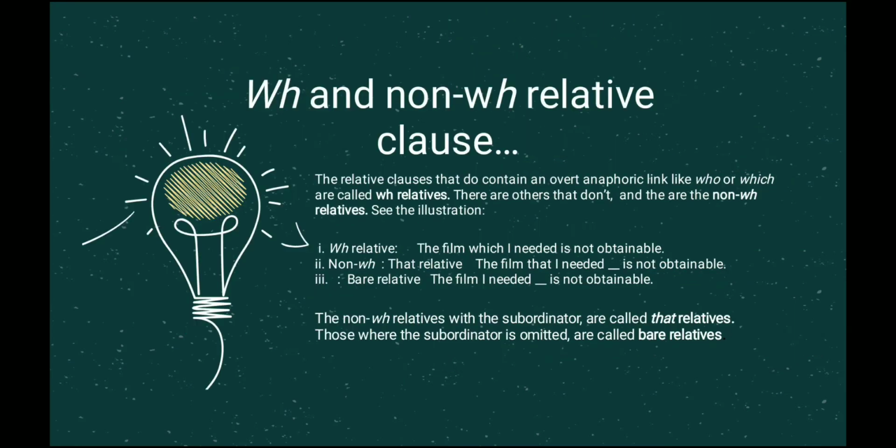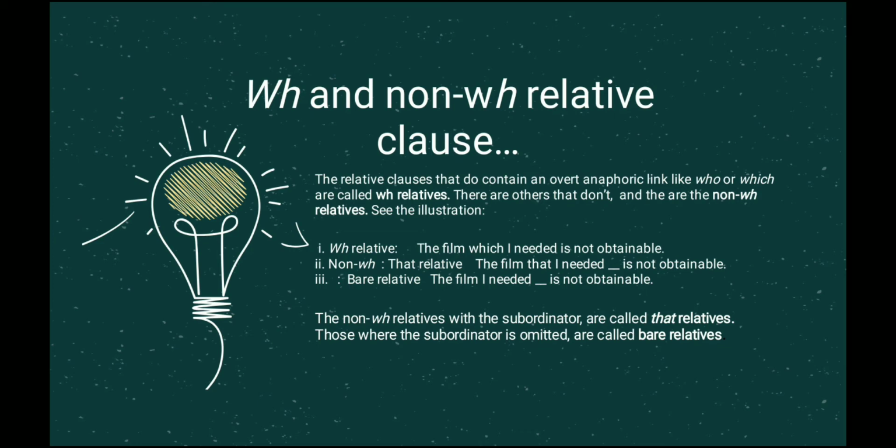Next, WH and non-WH relative clauses. The relative clauses that contain an overt anaphoric link like who or which are called WH relatives. There are others that don't, and they are the non-WH relatives. See the illustration below. For WH relative: the film which I needed is not obtainable.